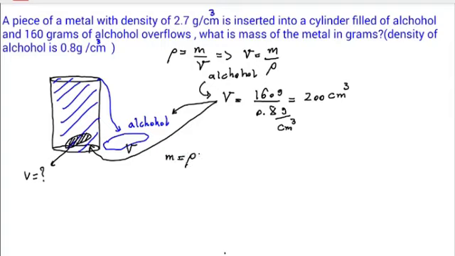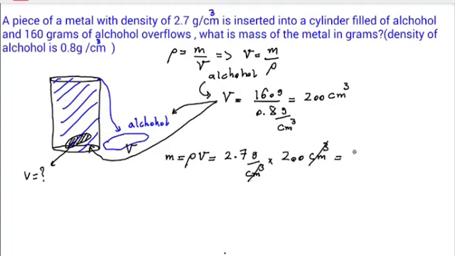We use again the density equation and write m is equal to density times volume, which is equal to 2.7 grams per centimeter cubed times 200 centimeters cubed. And if you multiply these two terms, as you see, centimeters cubed cancel.